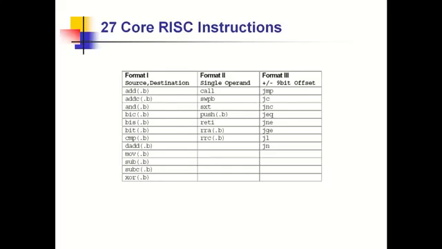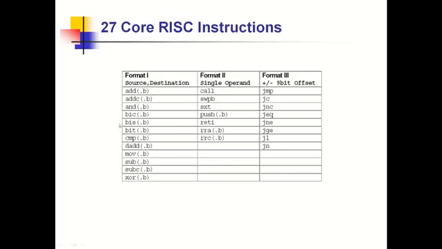For example, look at the 27 instructions. Here you have an add instruction. When you say add, if you don't specify anything in brackets, the add operation is 16-bit. But if you specify dot b in brackets, you want to implement a byte by byte arithmetic operation.